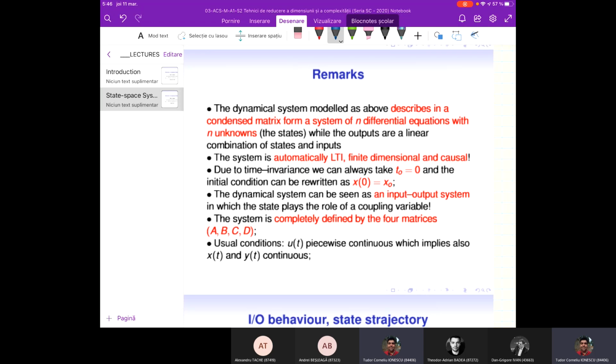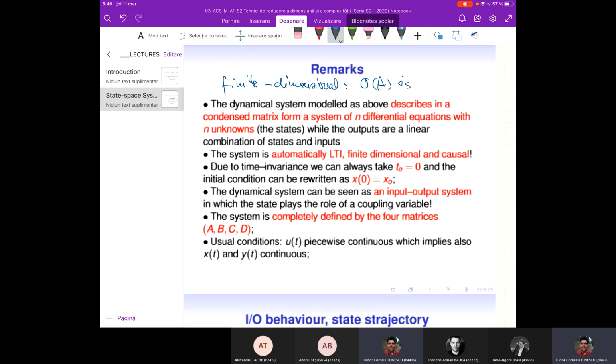It's time invariant because the A, B, C, D matrices are constant matrices, and it is finite dimensional because the eigenvalue set of A is a finite set.